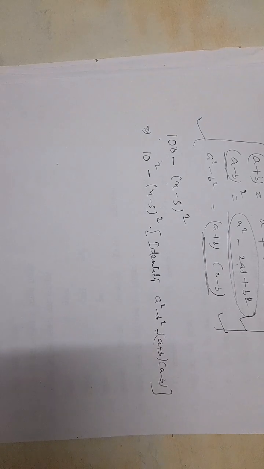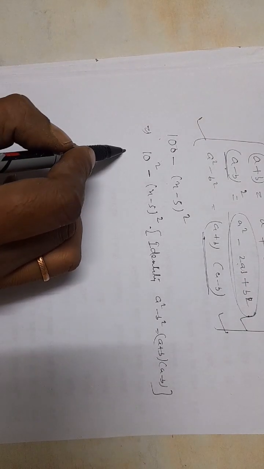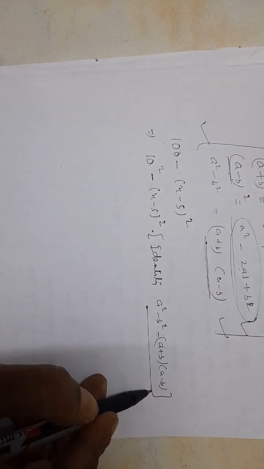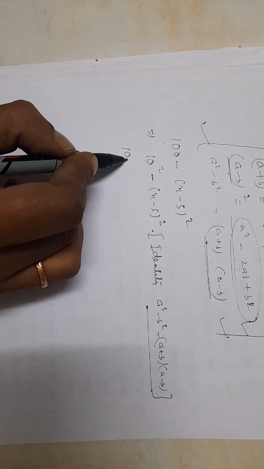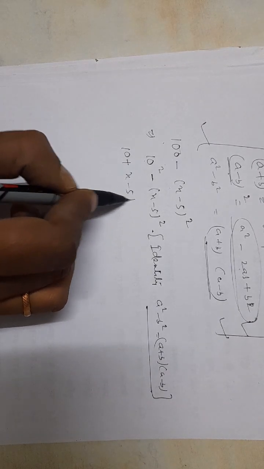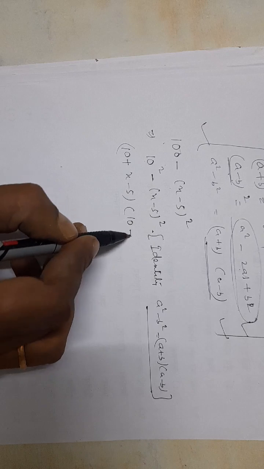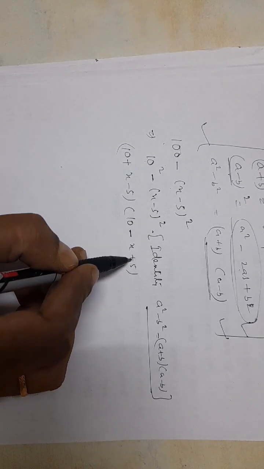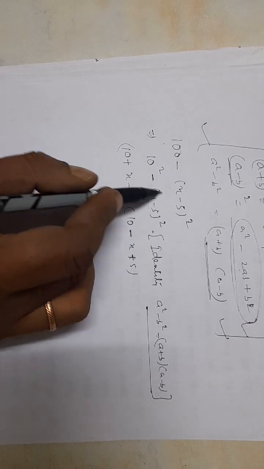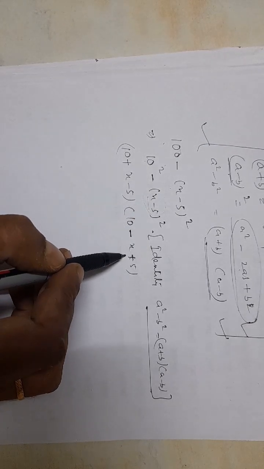Right? Okay. So as per the identity, first one is a, 10 plus x minus 5, a plus b, 10 minus x plus 5. When you are putting minus here, ultimately the expression which is in minus will change into plus.